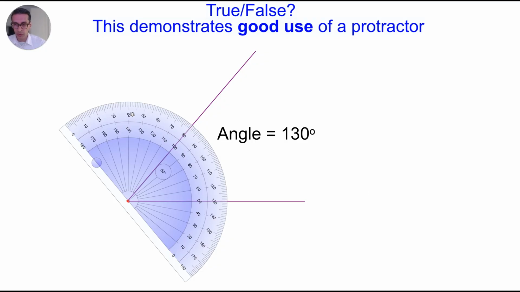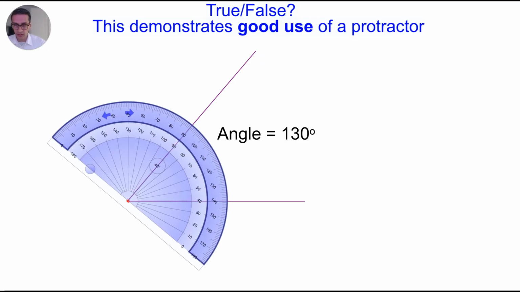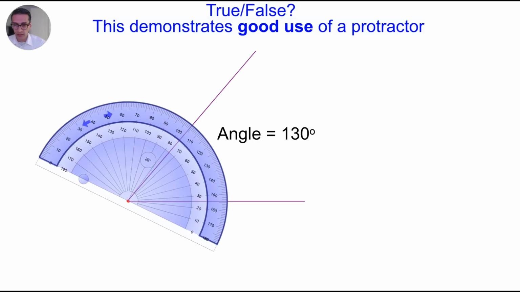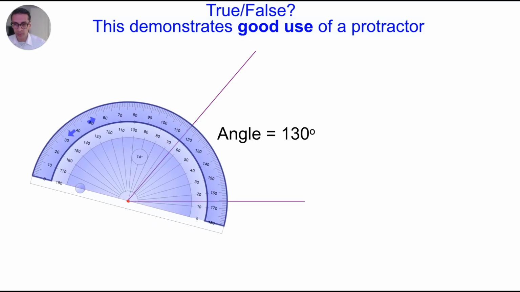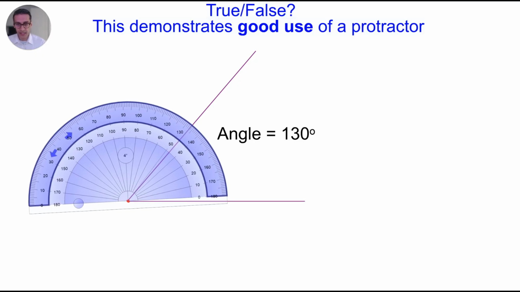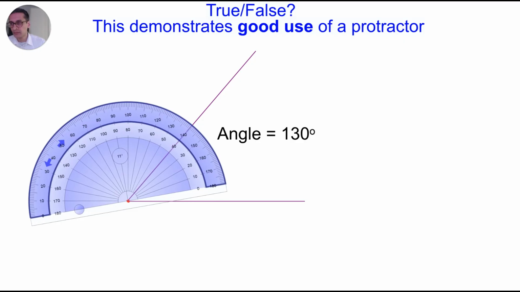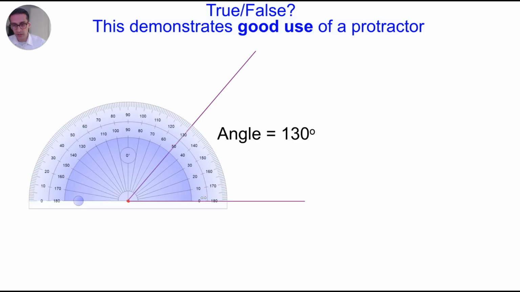So if we rotate this so that the base lines up, then you'll be able to see that the angle is starting using the inside scale at 0. So that's going to go up to 50, not 130. We always start at 0 when the baseline is lined up. So this wasn't a good use, and the angle wasn't correct either.